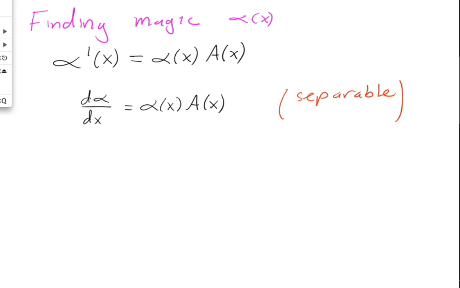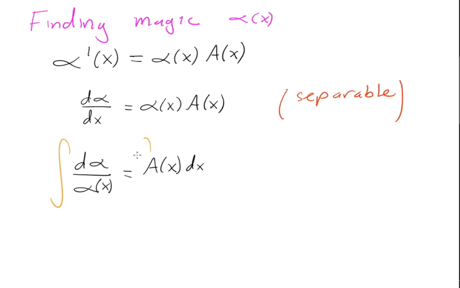Well, I just move all the alphas to the left, dx to the right, right? So it's separable. So then I have d alpha over alpha equals a of x dx. Okay, and then what's next? Integrate both sides.